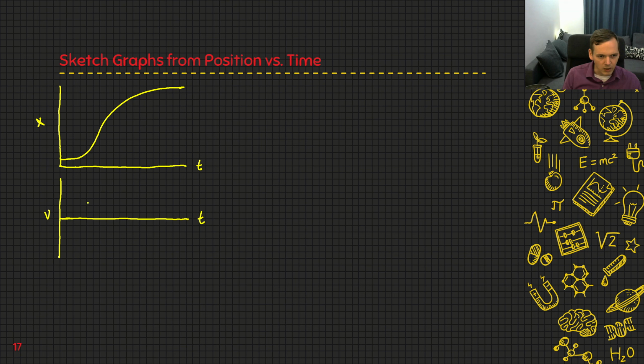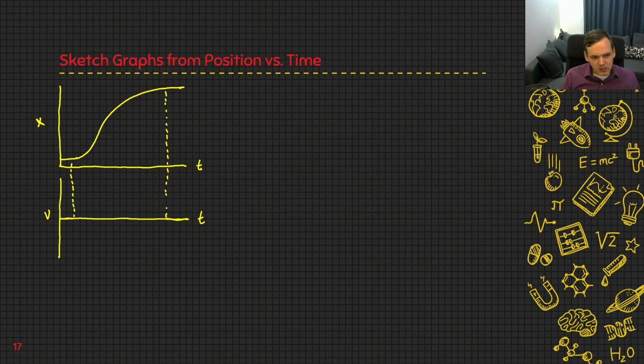So I'm going to start it here. I also notice at the top here, for maybe these last 3-ish seconds, my slope is also 0. So I know kind of these points like this. And let's say here. So the slopes are basically 0 from there.